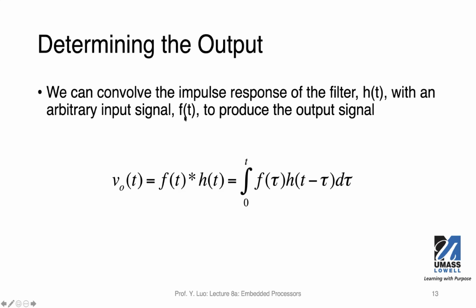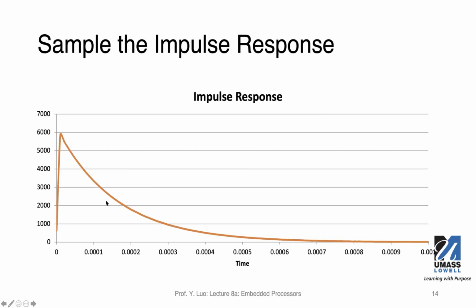So this is the input signal. And this sign here is the convolution operation. This essentially tells how we can determine the actual output based on the input signal and the time-dependent transfer function given by this filter. So this is the principle of operation of this low-pass filter.